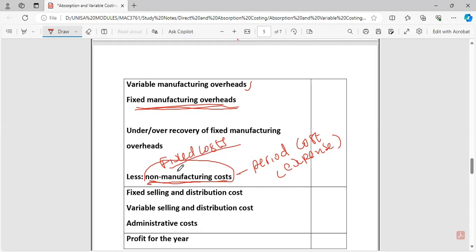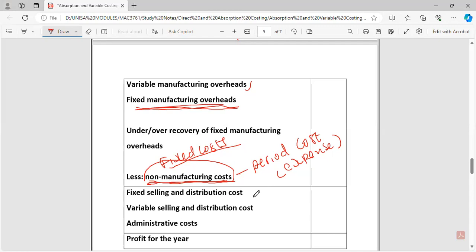But when we are using absorption costing, we come here and say less non-manufacturing cost, which means anything, whether variable or fixed, as long as it is not part of the manufacturing of the product, is not going to be accounted for in the product cost. So that's another reason why I say that cost classification is very important in your MAC.